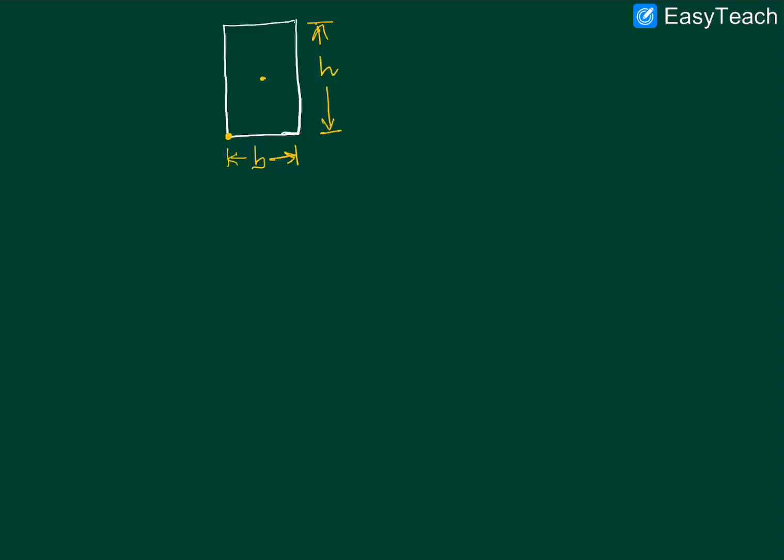So we know that the centroid would be located in reference to this origin at B by 2 and H by 2. Now, the moment we recognize that the centroid is located here, what we'll do is we'll set up our coordinate axis. So we'll set up a pair of centroidal axes in this fashion. So this will be our y-axis and z-axis.